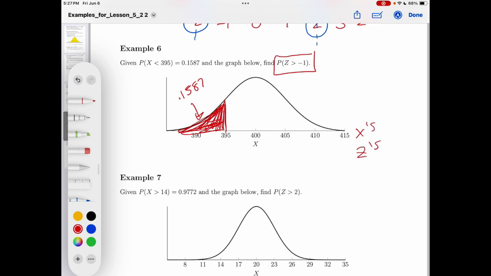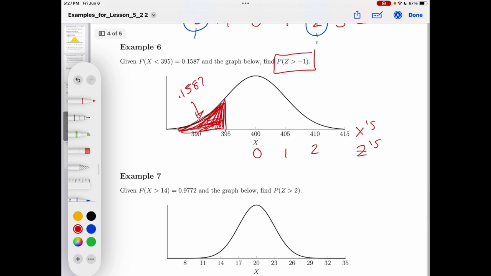Our z's: z is equal to 0 corresponds to 400. Then we have 1 for 405, 2 for 410, 3 for 415, and then going in the other direction. If I'm looking for the probability that z is greater than -1, here's -1 for z. So I'm looking at this area here.